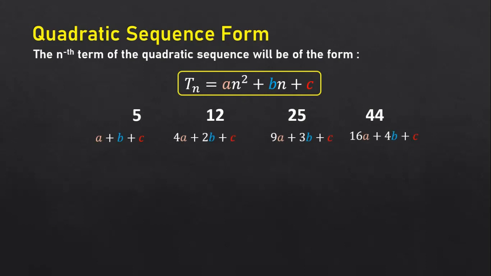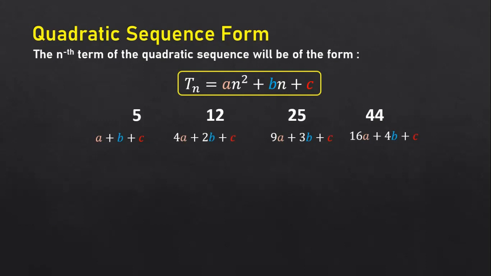Is it clear, everyone? To find these equations, you just insert n equals 1 into the formula an squared plus bn plus c. We got a plus b plus c. For the second term, insert n equals 2, and we got 4a plus 2b plus c.